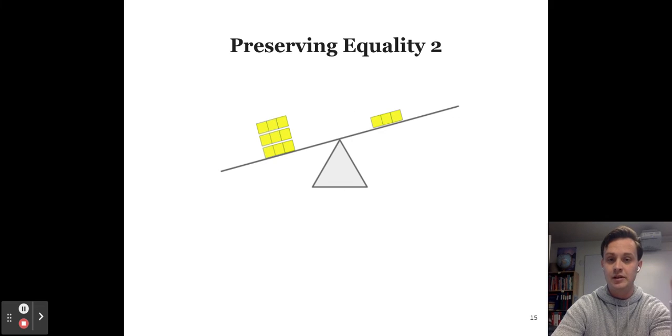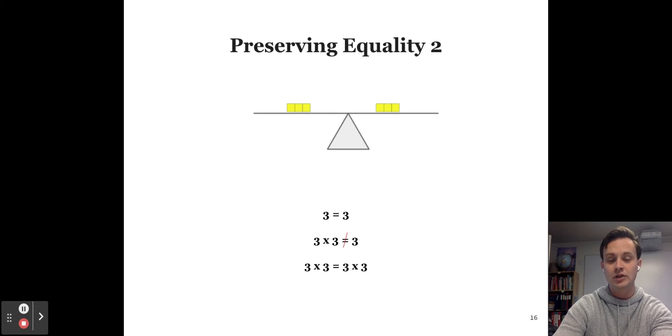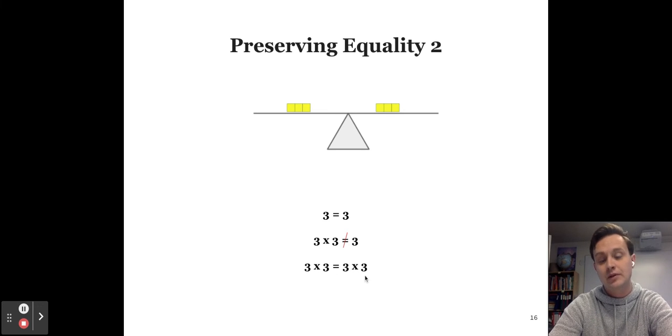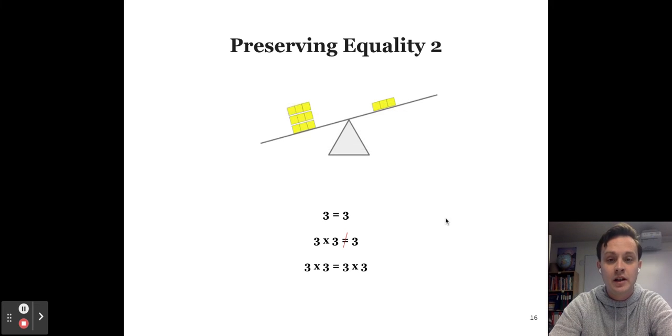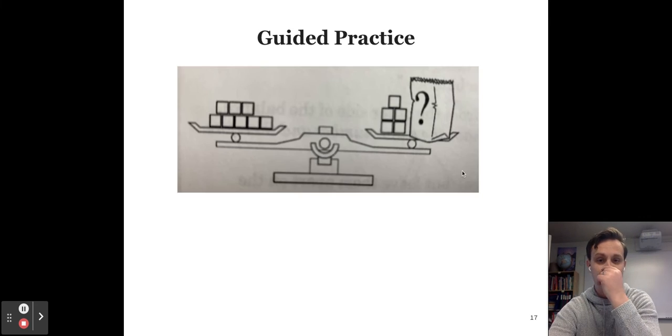So what do I need to do to balance the scale? Well, we need to multiply the other side by 3 as well. So 3 equals 3. 3 times 3 does not equal 3, but 3 times 3 equals 3 times 3. And that's what this is showing, right? 3 times 3 does not equal 3, but 3 times 3 equals 3 times 3. Or simplified, 9 equals 9.